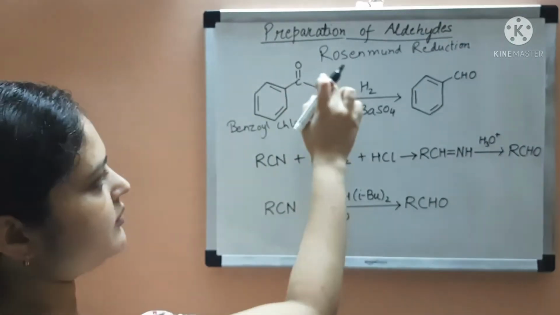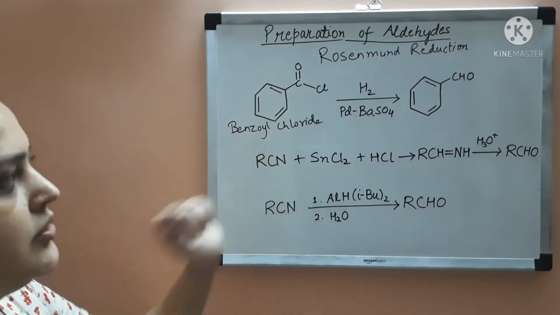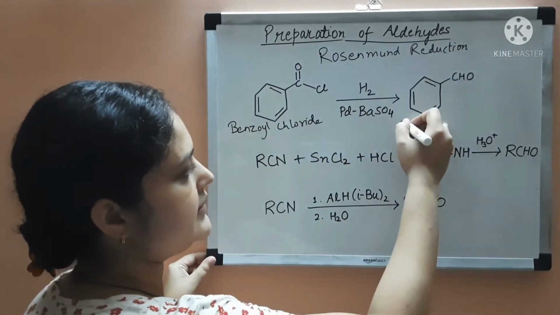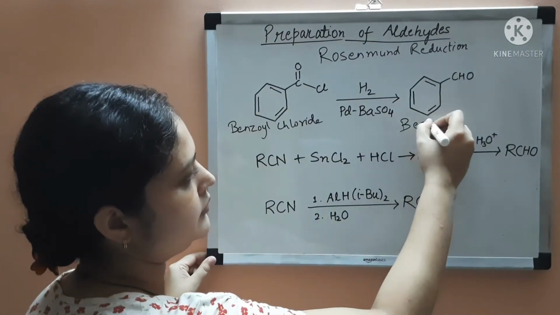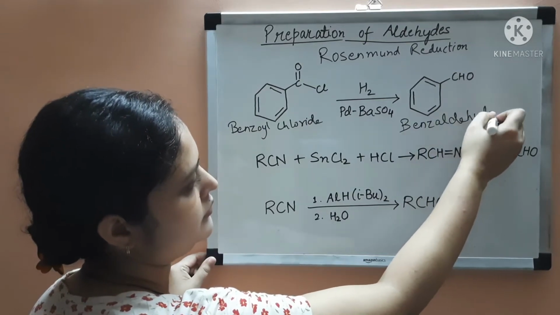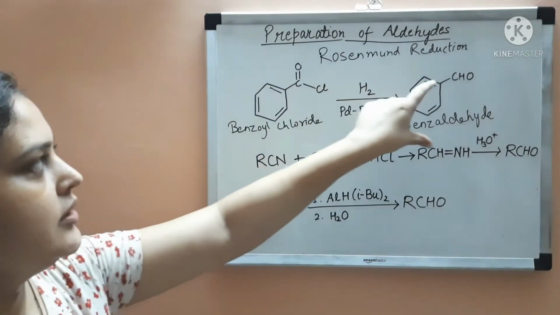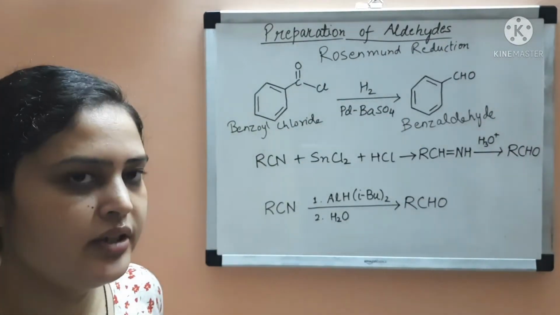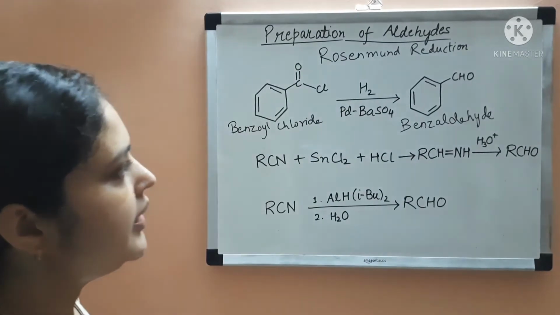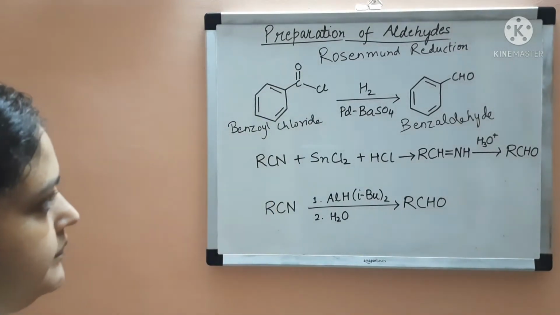Here the chlorine is removed and hydrogen is added, so this is a reduction reaction. We get benzaldehyde. This is the product. This reaction is known as the Rosenmund reduction reaction, used to prepare the aldehyde from the acid chloride.